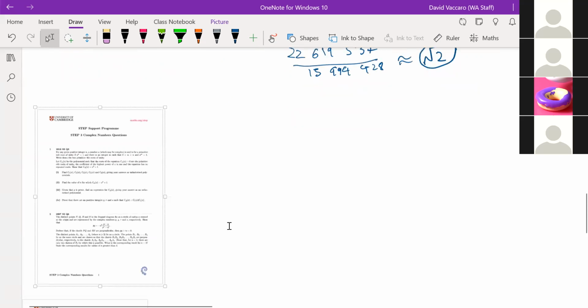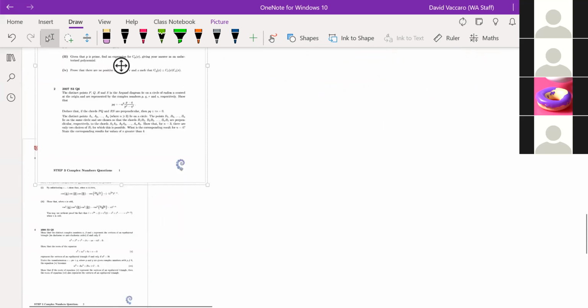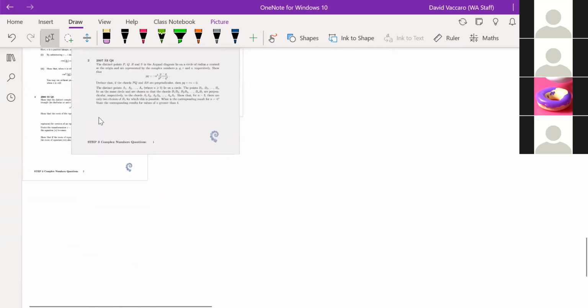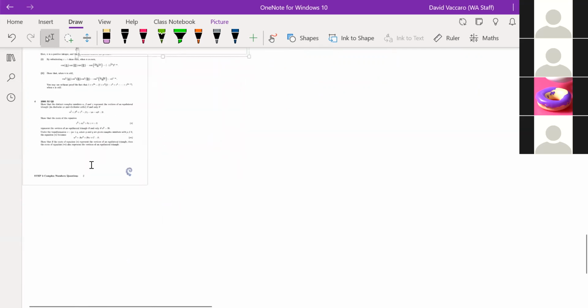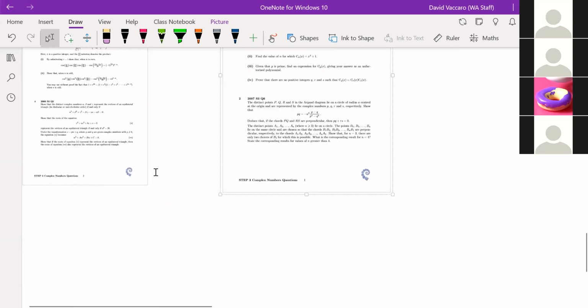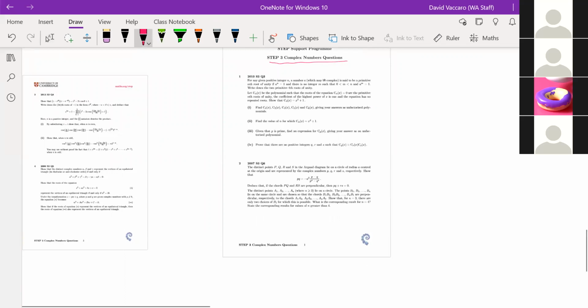I was going to look at some actual complex numbers questions, and I found this sheet shared by Cambridge University, which is a compilation of STEP 3 questions on complex numbers. You can Google this. This is maths.org STEP, the STEP support programme, and this is complex numbers questions.